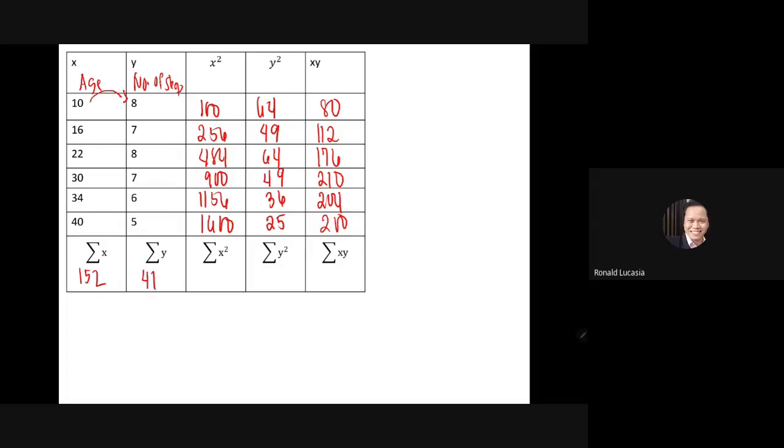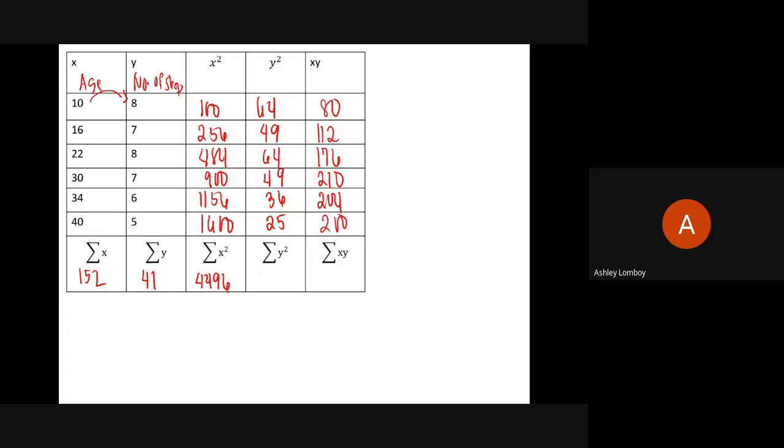Then the summation of x squared, 4,496. Summation of y squared, what's the summation? 287.